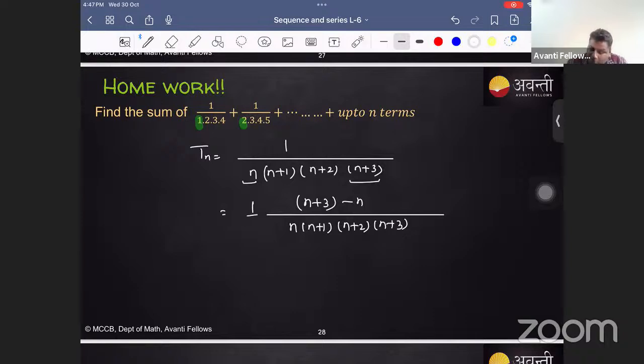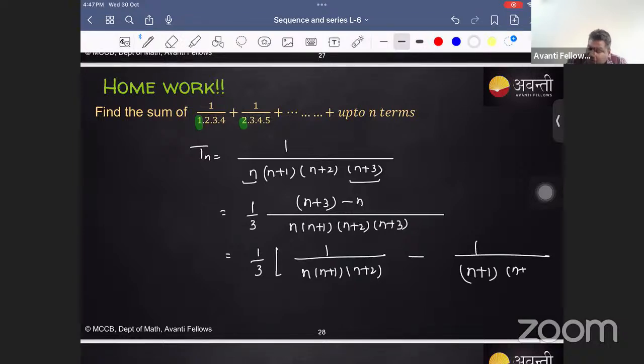So to balance out, you also divide it by 3. So it is 1 by 3 times. Now if you split it, first you will get 1 upon n into n plus 1, n plus 2, and then here it will be 1 upon n plus 1, n plus 2 into n plus 3. Got it? So this is your Tn.